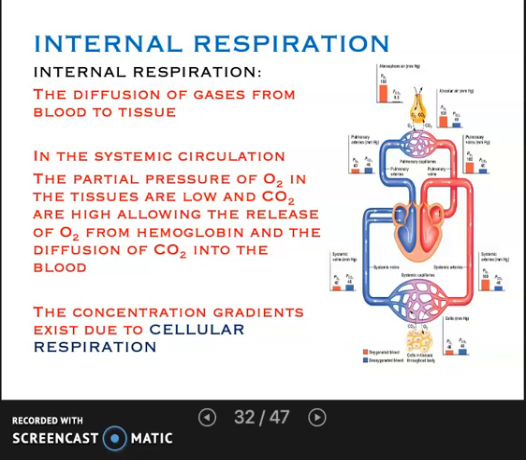I also will take that oxygen out to the tissues where they're starved of oxygen, and they've been building up CO2, all due to the process of cellular respiration. Okay? And so remember that these gases obey their concentration gradients. We could talk about them in terms of partial pressures.